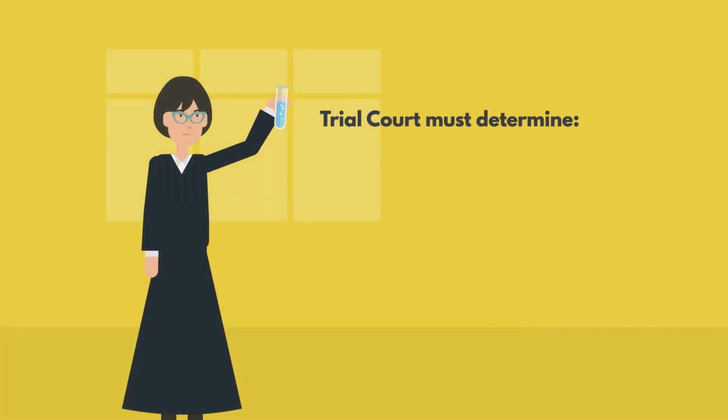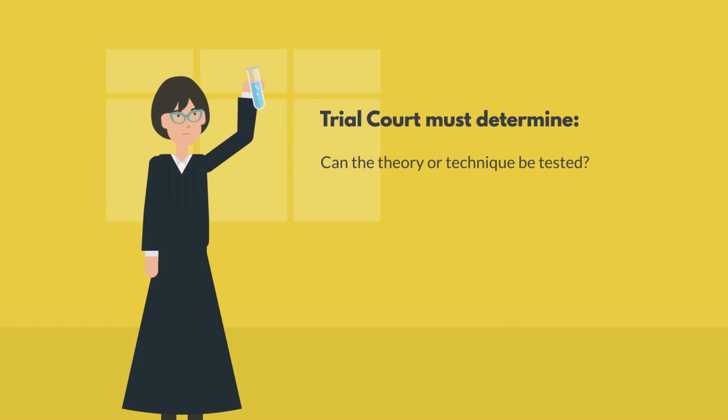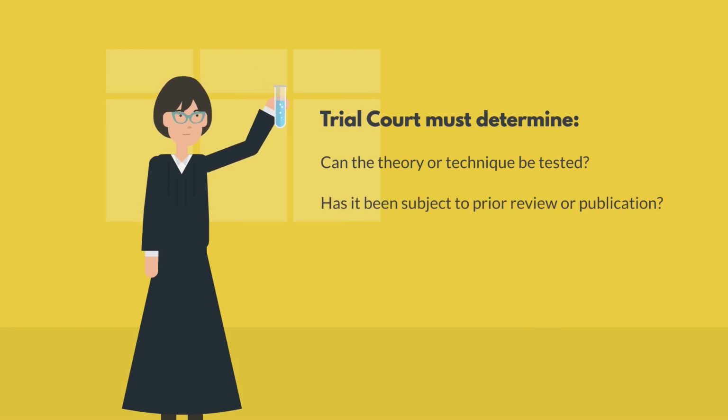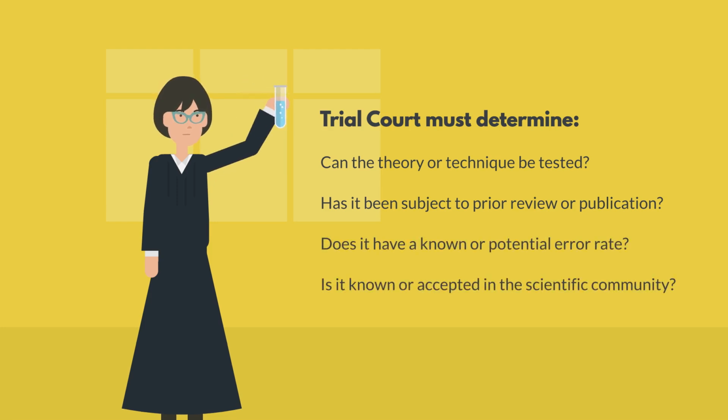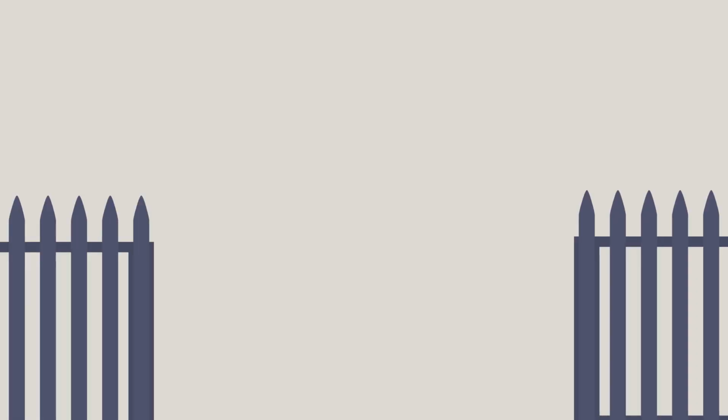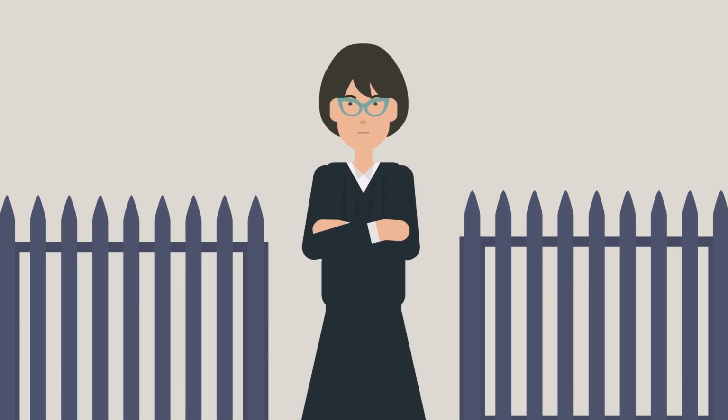So the trial court must determine whether the theory or technique has been or can be tested, has been subject to prior review or publication, has a known or potential error rate, and whether or not it is generally accepted in the scientific community. Do keep in mind that a trial judge is the gatekeeper to these preliminary issues as to whether or not the reasoning or the methodology is scientifically valid and whether the reasoning or methodology may be applied to the facts of the case.